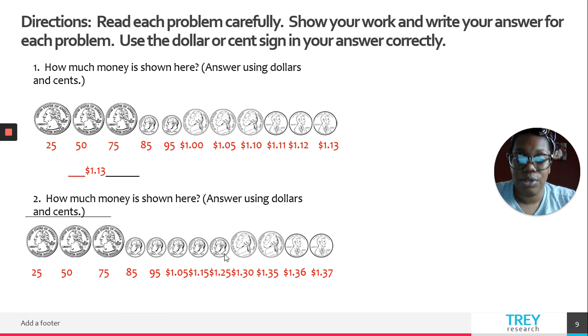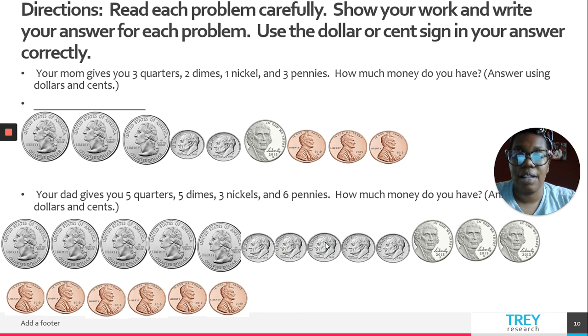After that, we're going to fives. $1.30, $1.35. Then you're going to pennies, $1.36, $1.37. $1.37.